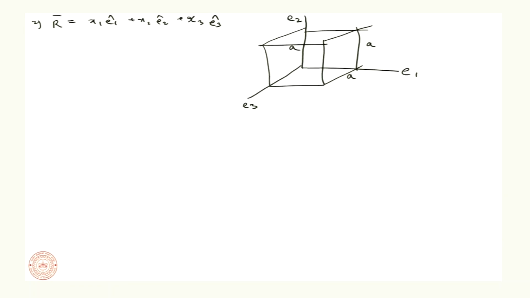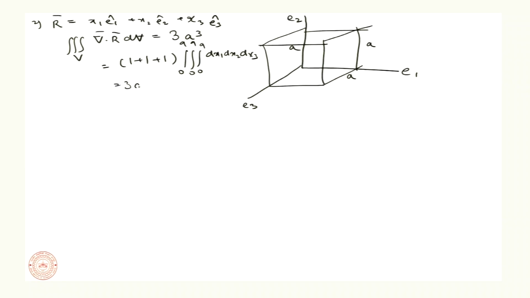So we have a cube volume. So integral over volume del dot r vector dV will be equal to 3a cube. Okay, so 1 plus 1 plus 1 is 3, integration over the volume is a cube, so 3a cube. Okay, so it is 1 along each direction. Okay, that is 3a cube.